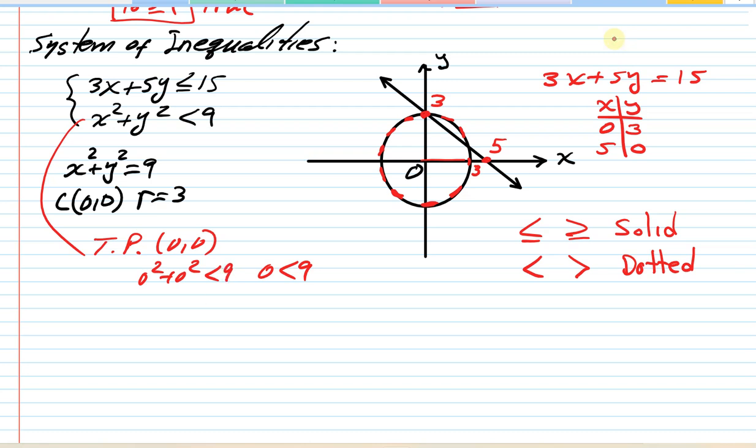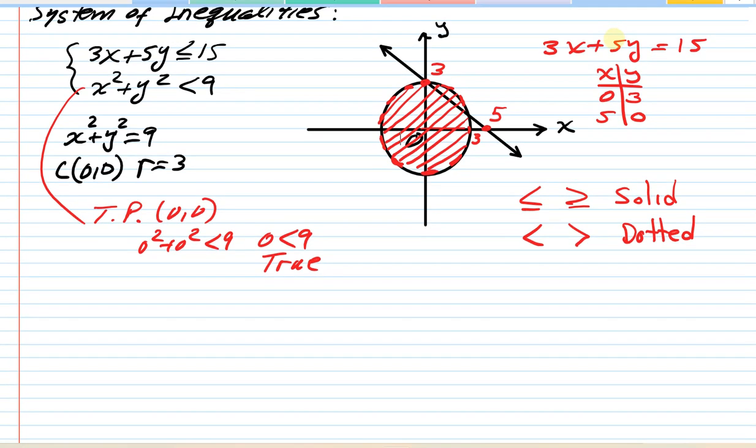So 0, 0 is a valid solution. With respect to the circle, I'm going to shade inside the circle. And notice it even reaches above the line, because that region is all inside of the circle, even the portion that lies above the line.